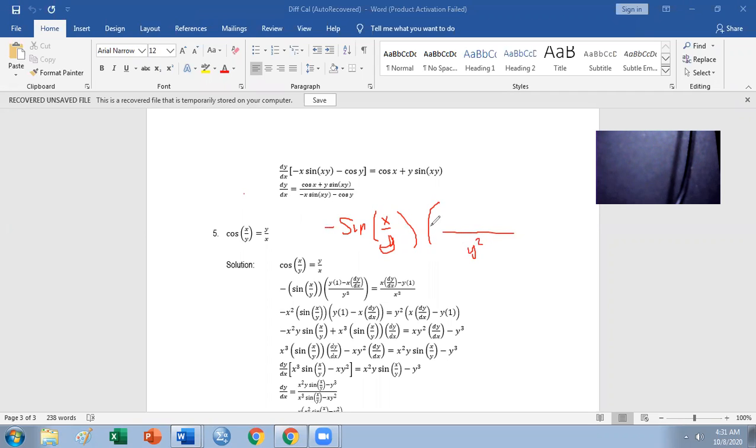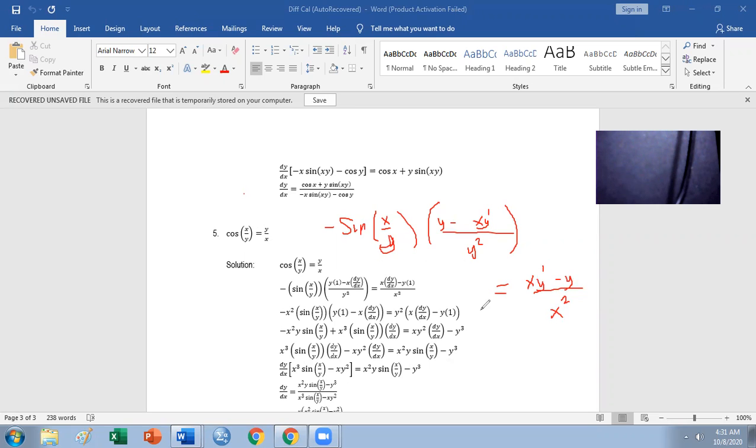That will be y times the derivative of x is 1 minus x times the derivative of y, which is y prime, is equal to the derivative of y over x. That will be what? X squared will be xy prime minus the y times the derivative of x, which is 1.